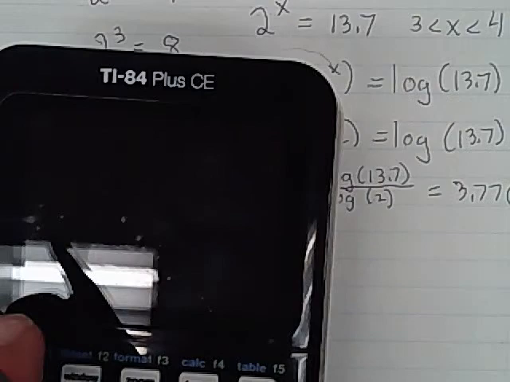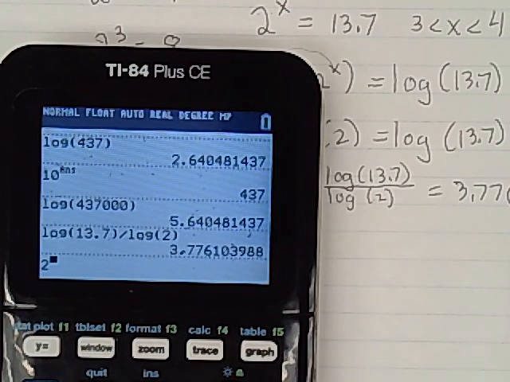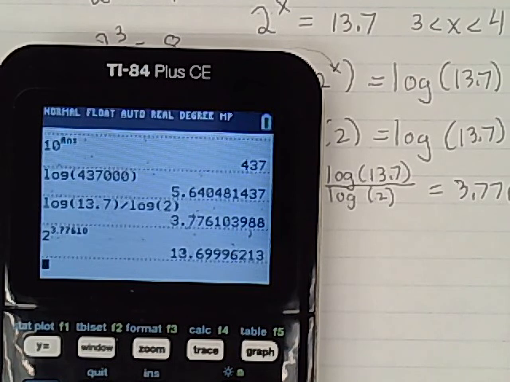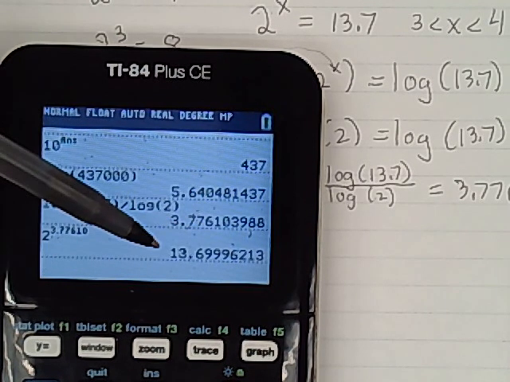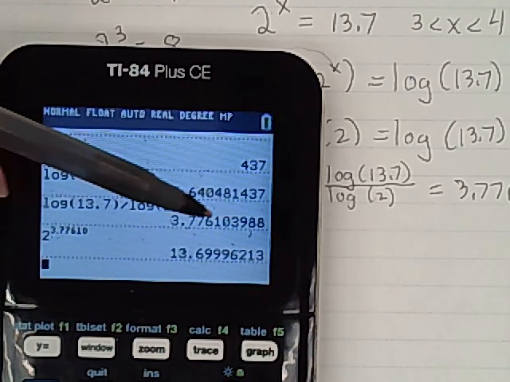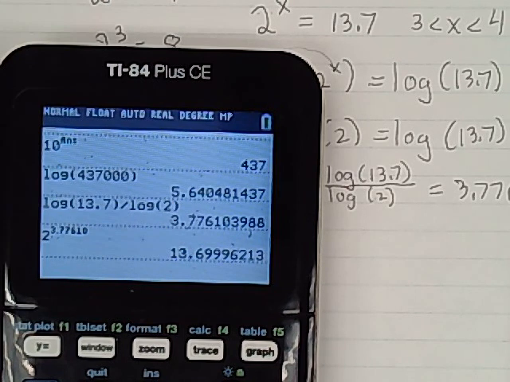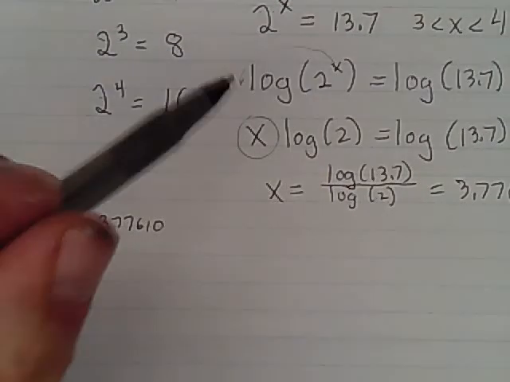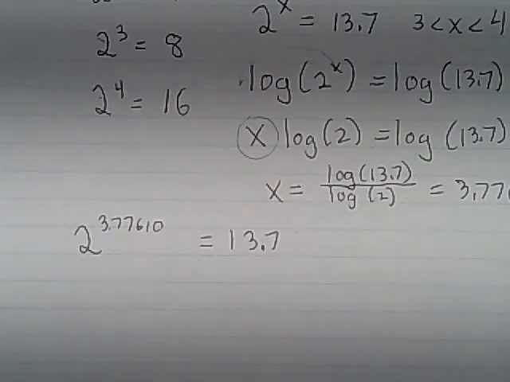So either way, you have the technology. So 2 raised to the 3.77610th power is, boop, well, I didn't type in all those digits. So this thing is 13.69996213. If I put in more of these digits, it would land closer to exactly 13.7. But I'm going to make you believe me. This thing is 13.7.